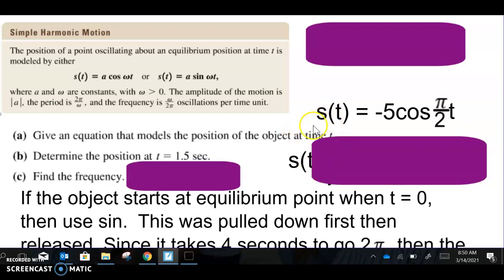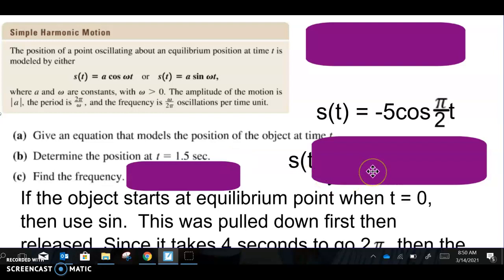You tell me how long, and I'll tell you where the position is. I pulled it down 5 and let go. It goes up past 0, up to 5, back to 0, back down to 5, and it takes 4 seconds to go one period.